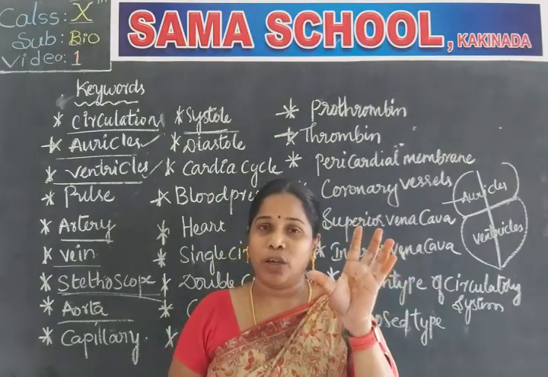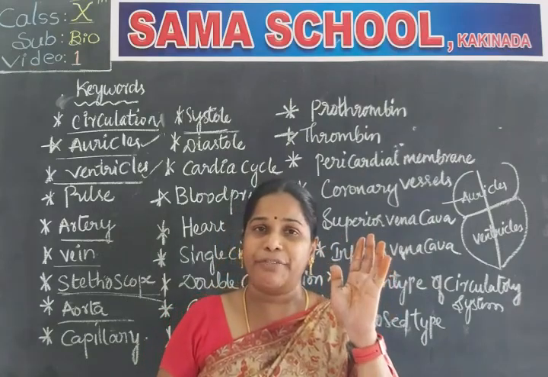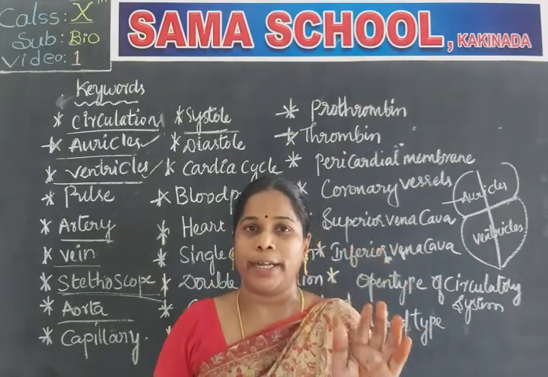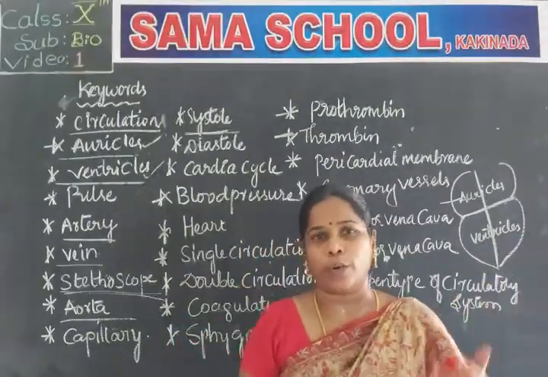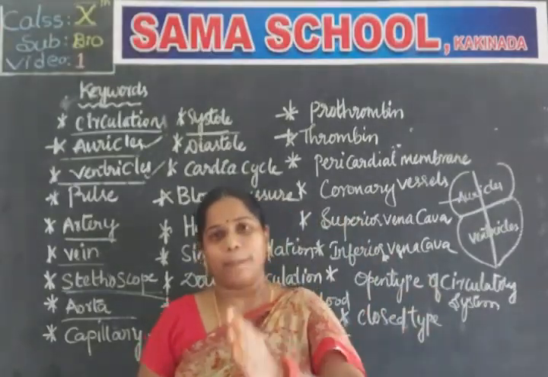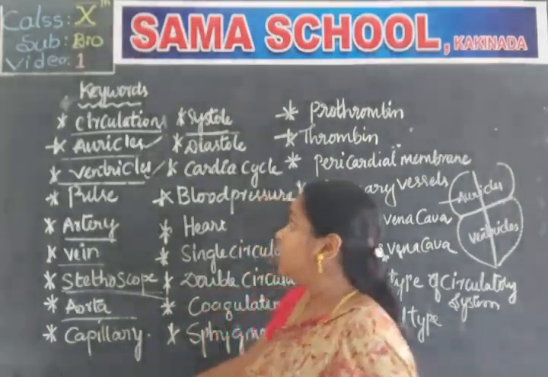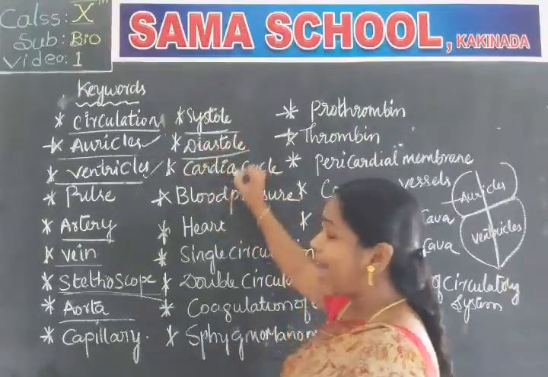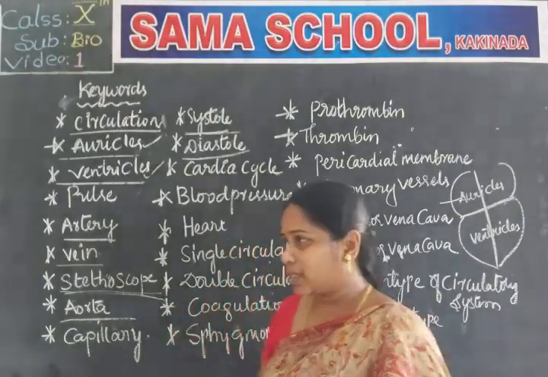Please everyone note this, very important. In circulation, every word is important to learn. There is no scope to say this word is not important. Why? Because these words will repeatedly come. So diastole is the relaxing phase of the auricles and ventricles.